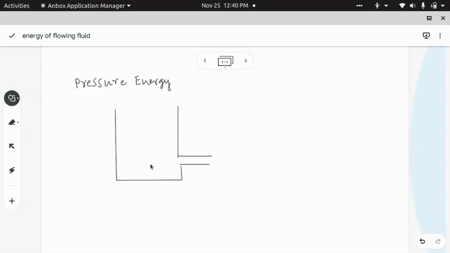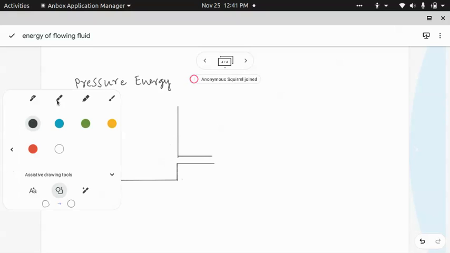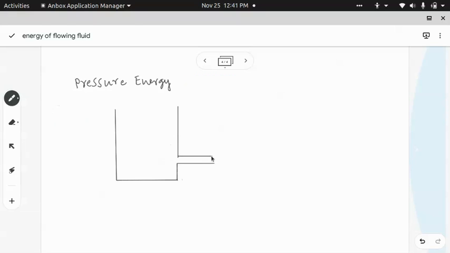Like this. This is a cylinder, this is the whole cylinder which, suppose, is filled with the liquid up to this height.